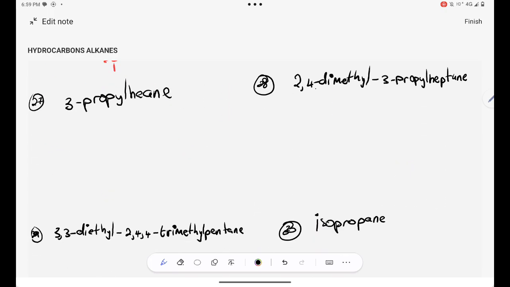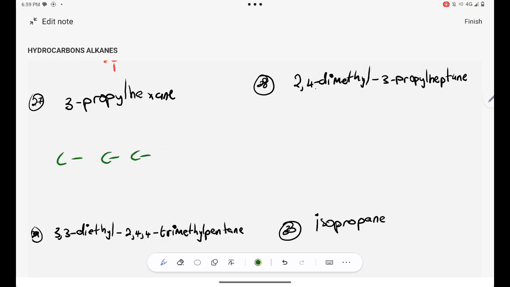Okay, and then that's 3-propyl. It was supposed to be hexane. Oh, spelling. It's 3-propyl hexane.